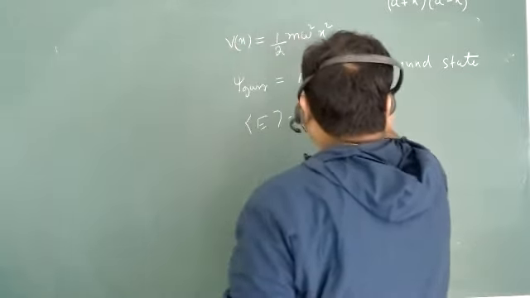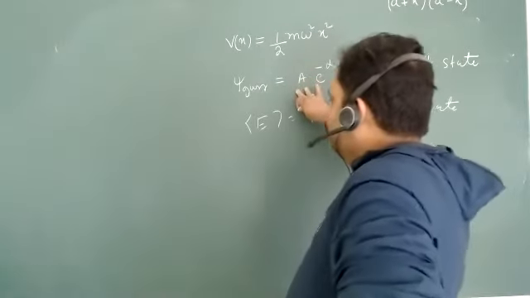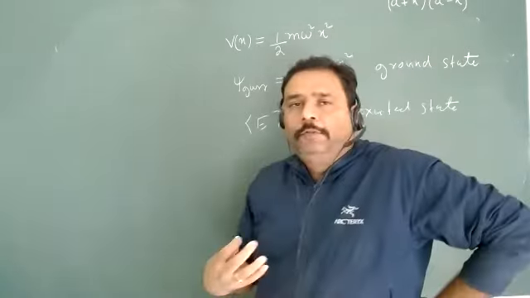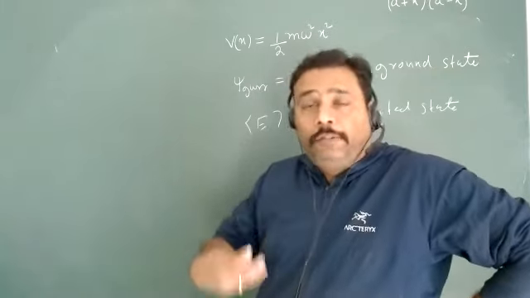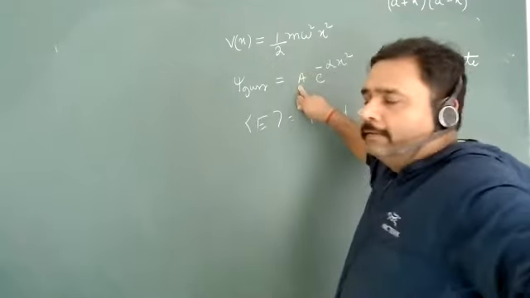Sir, for the given wave function we will find the first excited state. Exactly, very good. So what you will do, since it is your guess wave function, you have to guess your first excited state wave function according to this wave function.